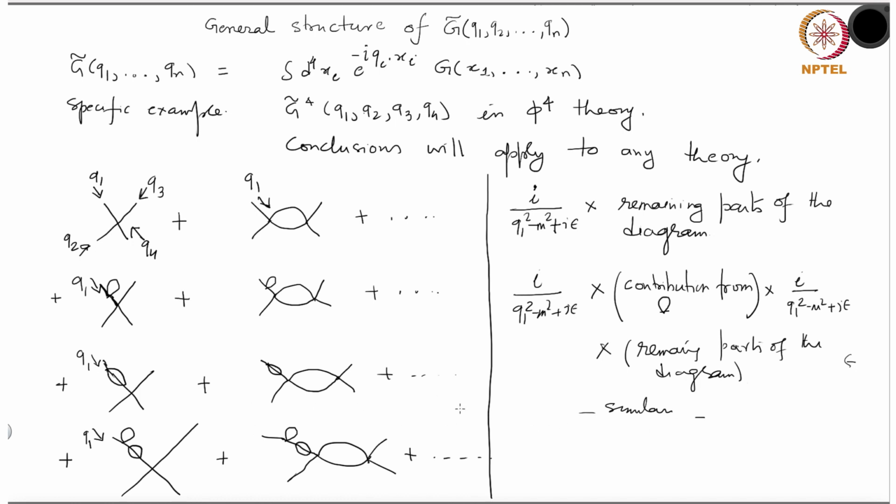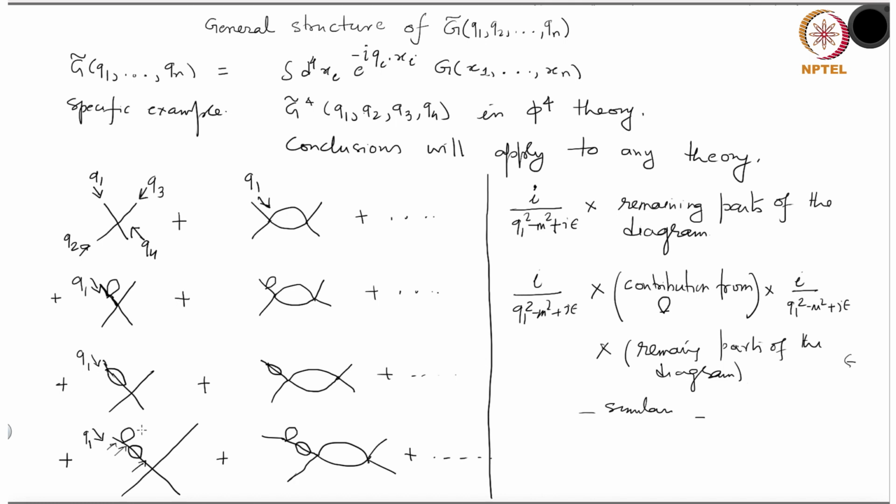And then for the last one, you'll have here 3 propagators, one coming from here, the second propagator again coming from here, which will also have a momentum q1 flowing into this, and this one will also have a momentum q1 flowing into this, and that's the case because we have momentum conservation at each vertex.